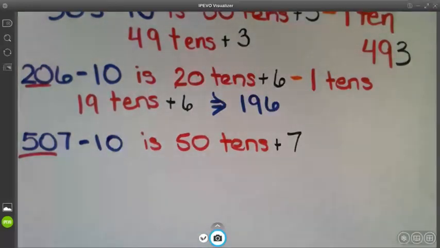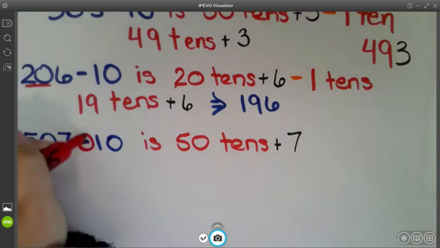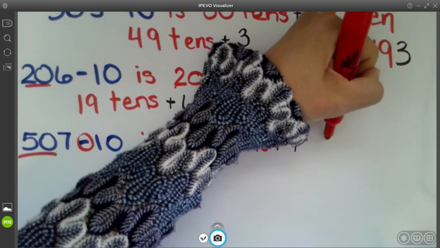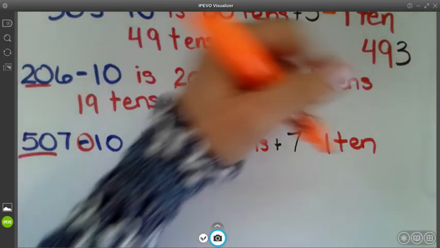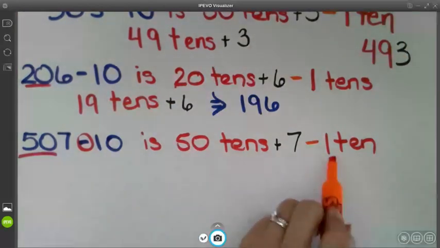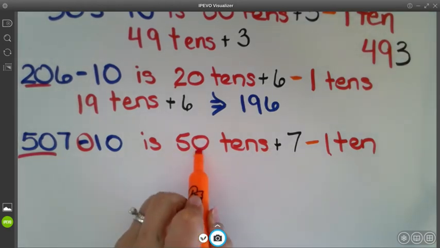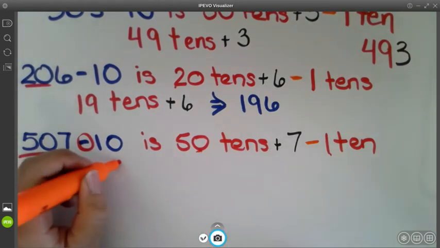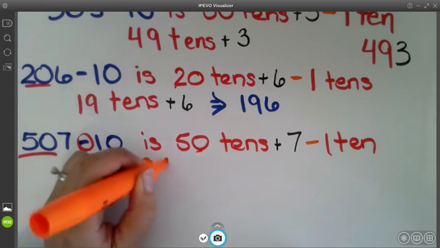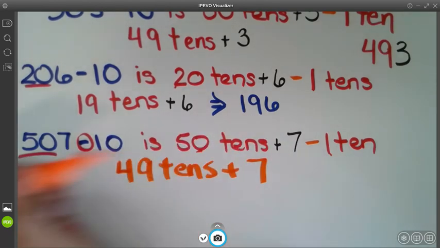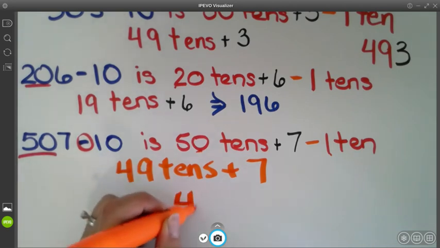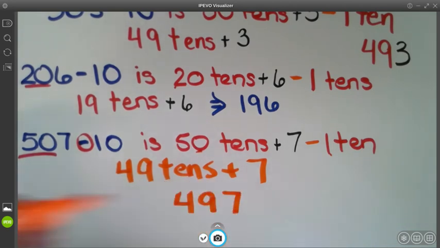And we're going to be subtracting 110. So if you take 1 away from 50, that's going to leave you with 49 tens plus that 7. So 497. Just a fun little trick.